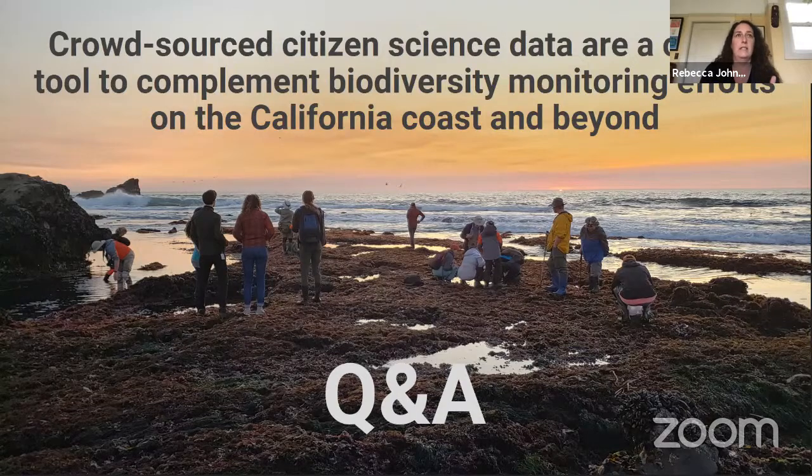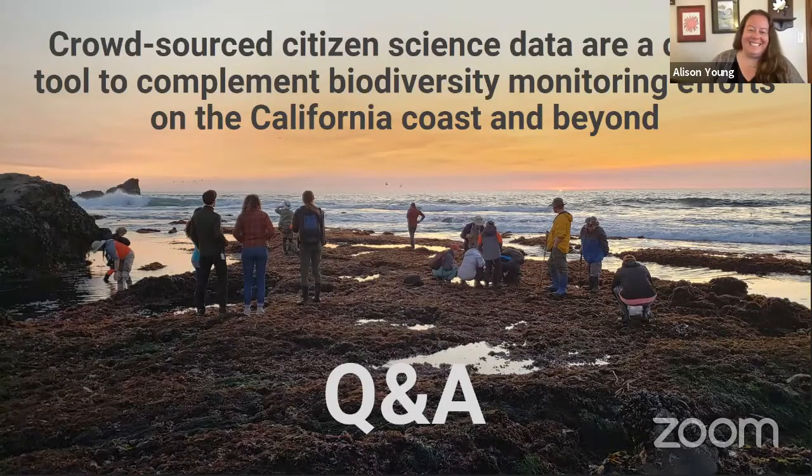We see this as the first place that we're able to do this, but we are super excited about scaling this work, especially throughout California, and making those tools available for anyone, any place in the world. Allison, I don't know if you wanted to add. I think you got it.